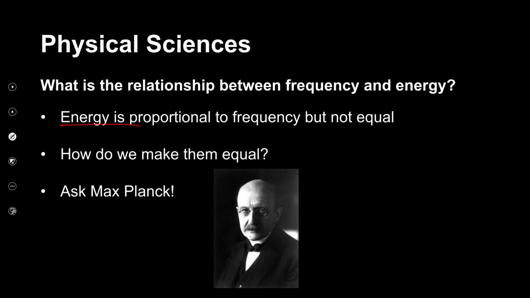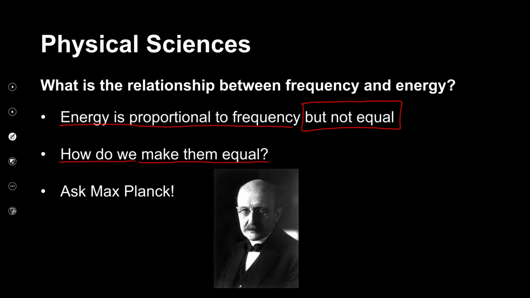So we've already said that energy is proportional to the frequency of electromagnetic radiation. But importantly, it is not equal. We cannot say that the energy transferred is equal to the frequency. So, how are we going to make them equal?